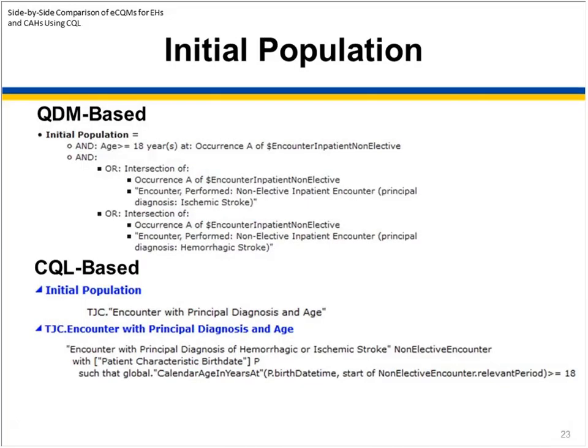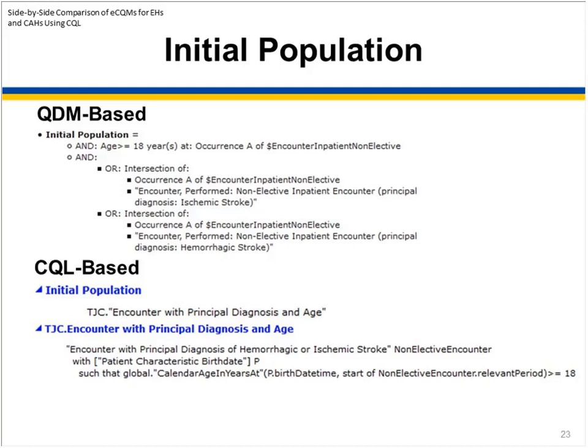So digging into the initial population itself, you'll see we're referencing the function here, the Global Calendar Aging Years Act. That's similar to this age. We're doing comparisons, so greater than or equal to 18, similar to the way QDM did that. But you'll see the initial population is just a reference to this expression, TJC.encounter with principal diagnosis and age.